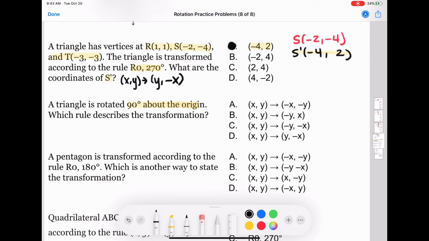And so a rotation about the origin 90 degrees actually gives us the mapping rule of switching the x and y coordinates and then negating the y. All we would simply have to do to answer this problem is find which of these answer choices matches this mapping rule. And the answer is B.